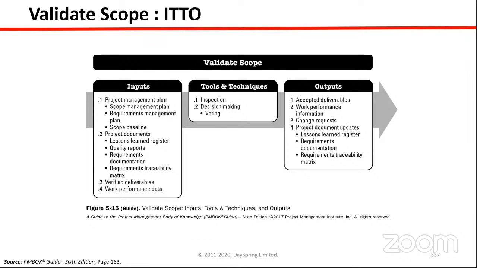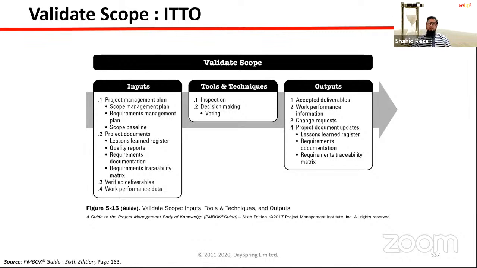So what is the likelihood of having this kind of work performance data in the validate scope process? Is it on and off, or is it generic, like the work performance data goes from direct and manage project work to validate scope? Is it generic, or not very common?